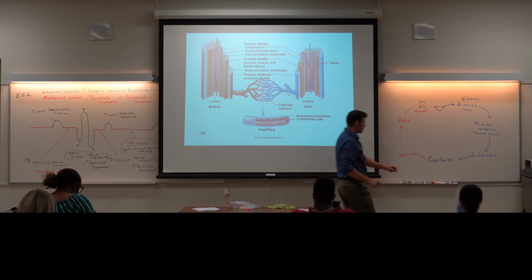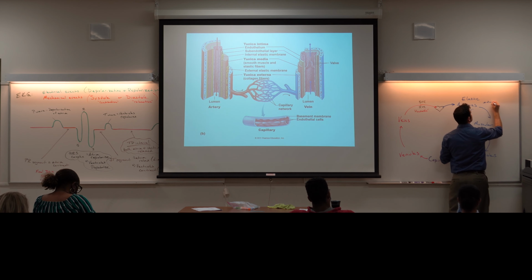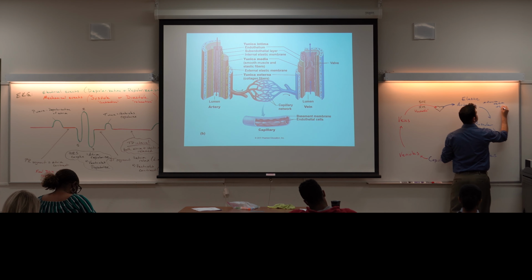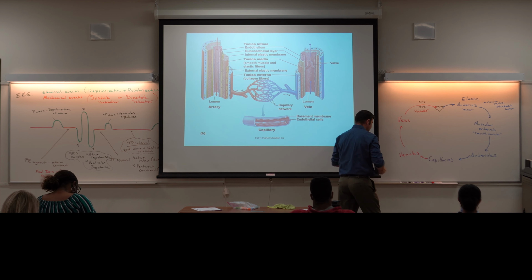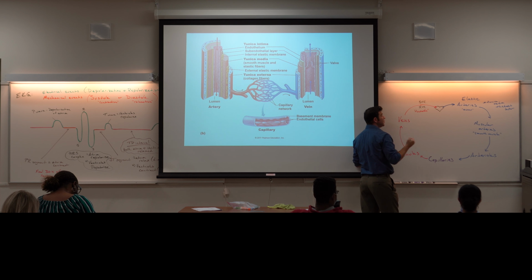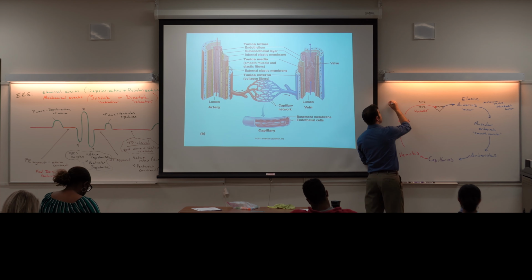Maybe we can list that. So the tunica media is the thickest layer in the arteries, and for the veins, it's actually going to be the outermost layer, that tunica externa, that's the thickest.